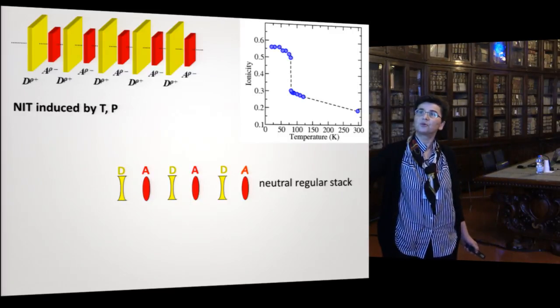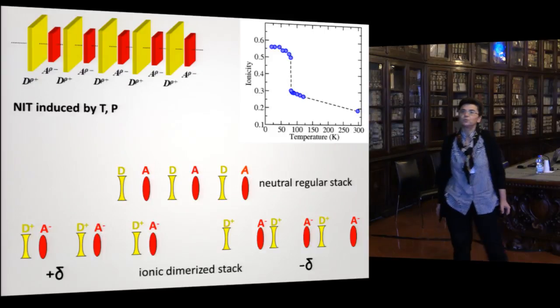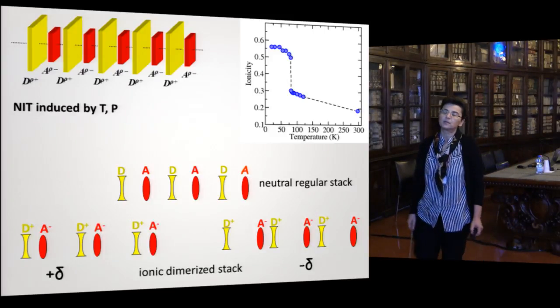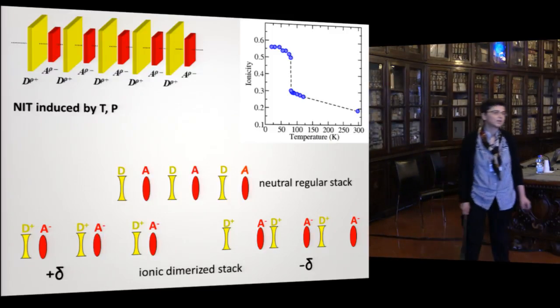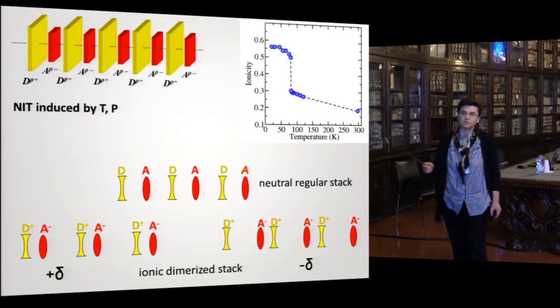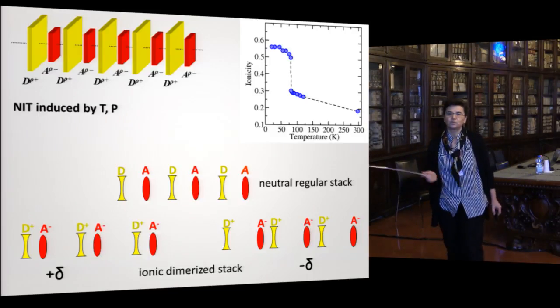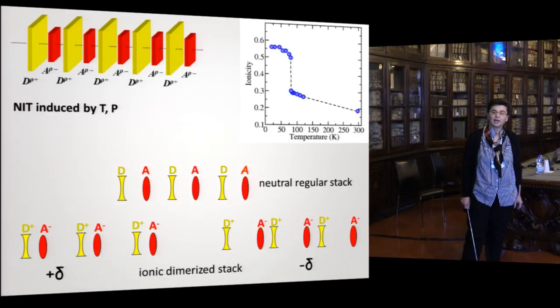There is another peculiarity of this system, which is the lattice instability. In the neutral phase, the system is stable as a regular lattice, but when you go towards an ionic phase, there are both experimental and theoretical hints, or demonstrations, say, that the system becomes unstable and dimerizes. So you have two equivalent states with positive or negative dimerization, but the stacks always dimerize.